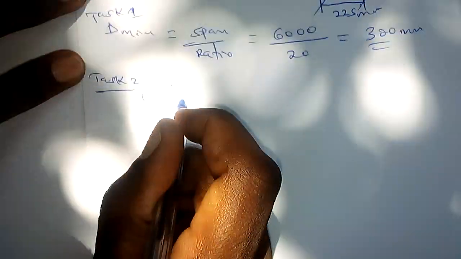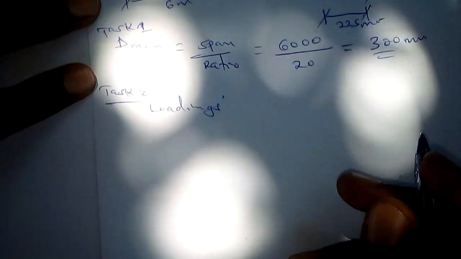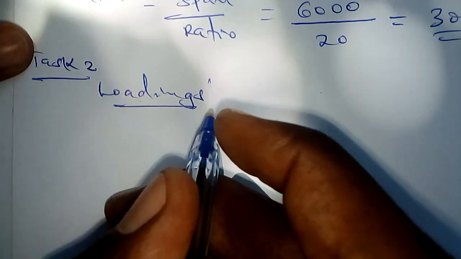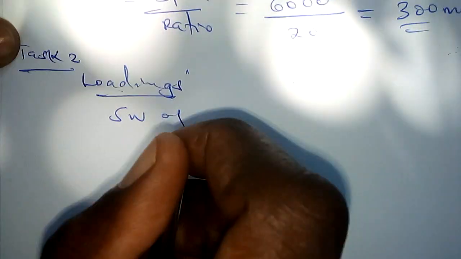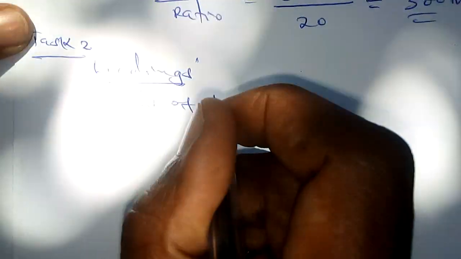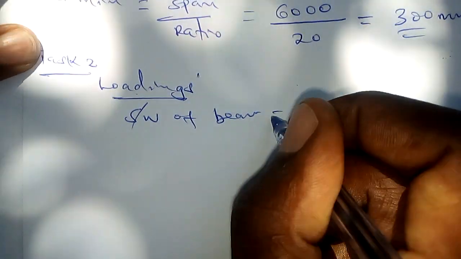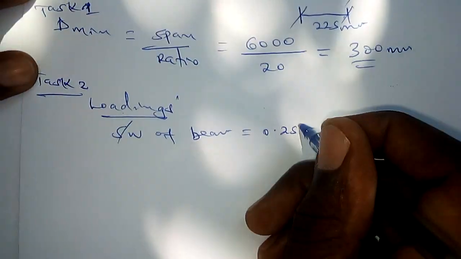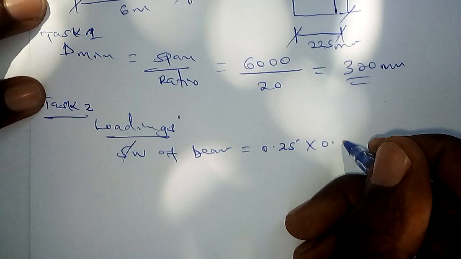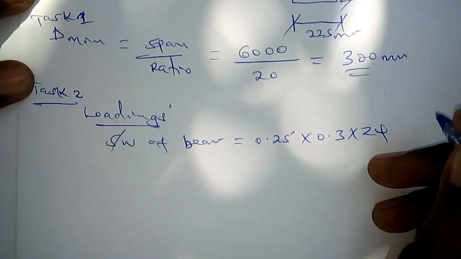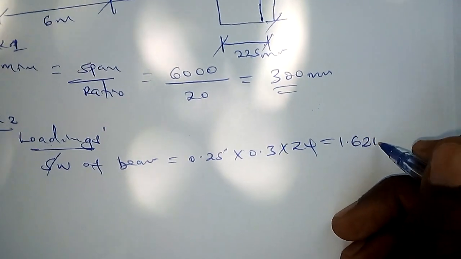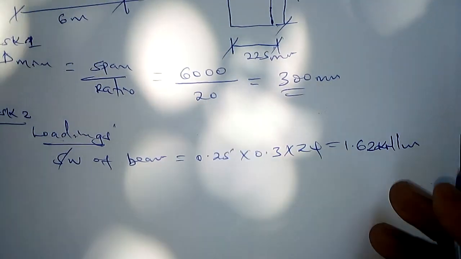loadings. We establish loadings for the beam. Under loadings, we have self weight of the beam, which is 0.25 multiplied by 0.3 by 24. When you multiply out, it will be 1.62 kilonewton per meter.